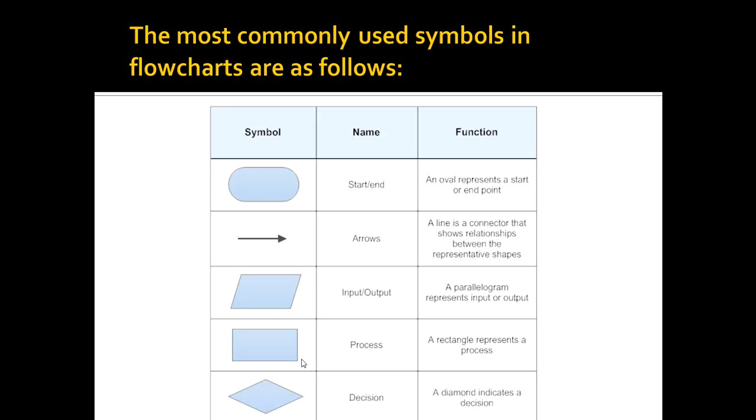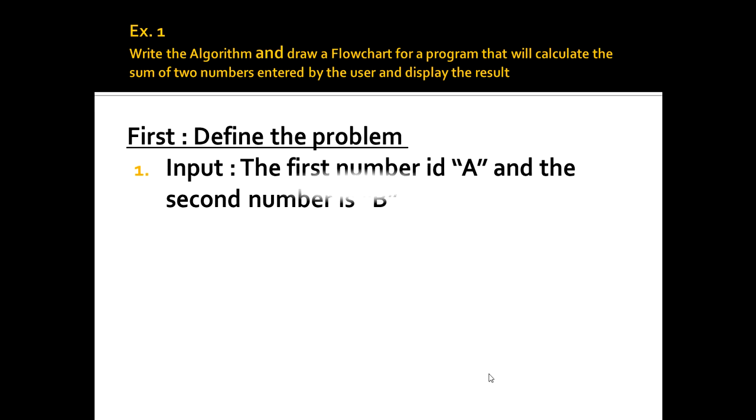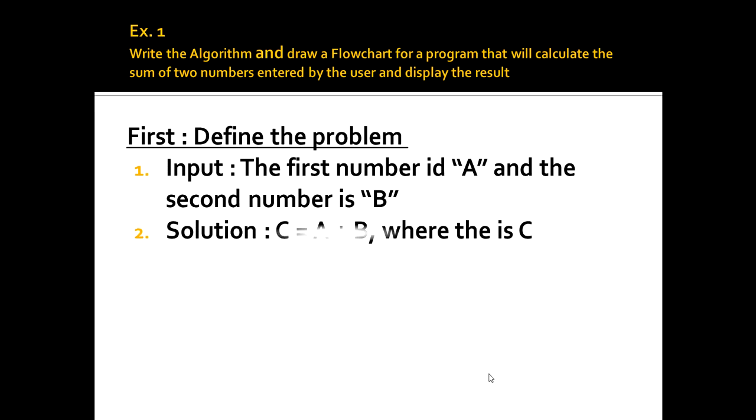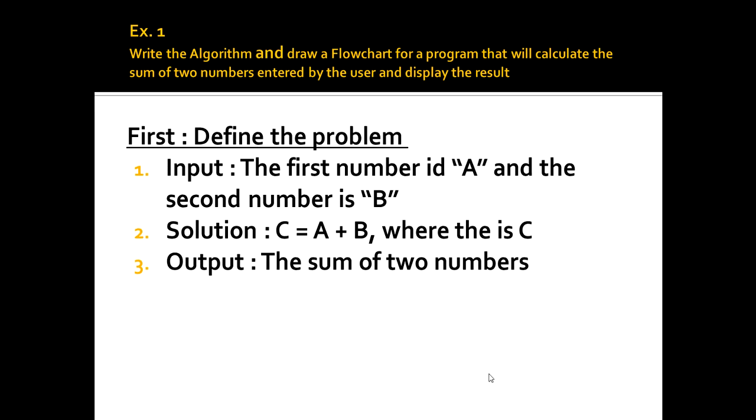We're having the rectangle here to represent a process or an equation. Here we have a diamond for representing a decision.